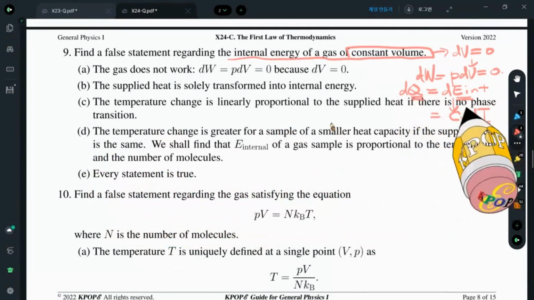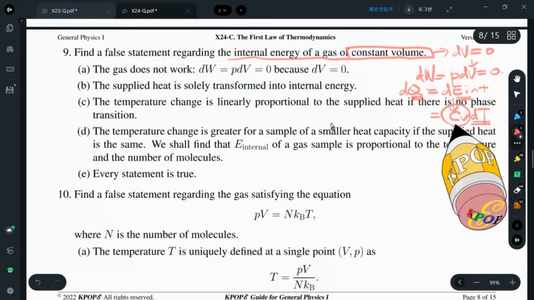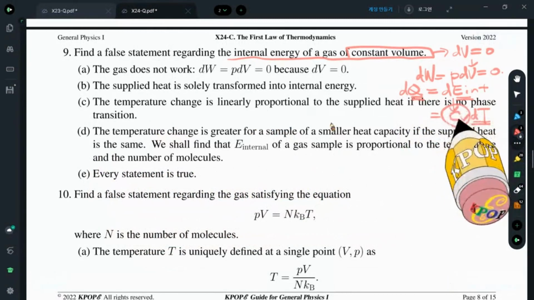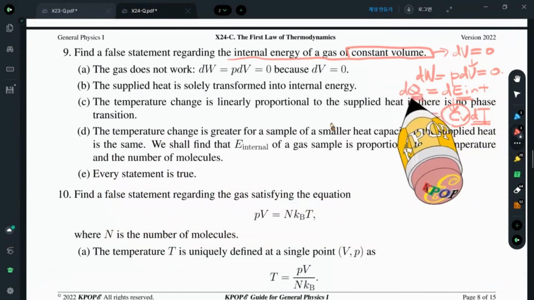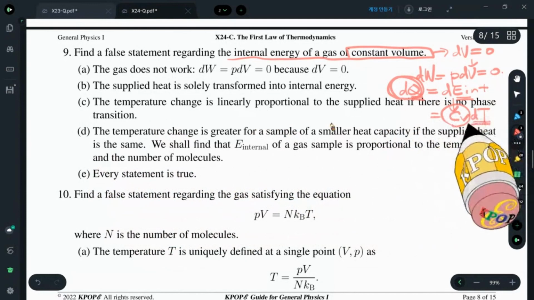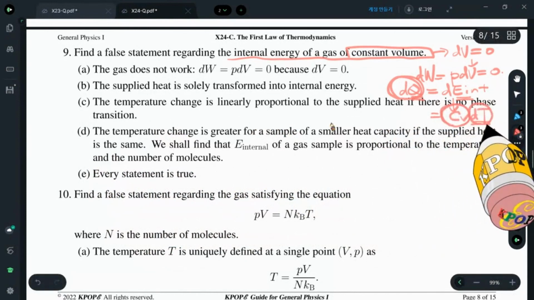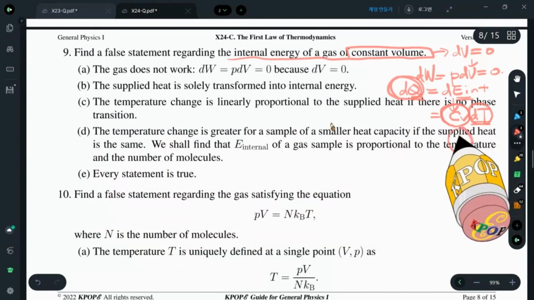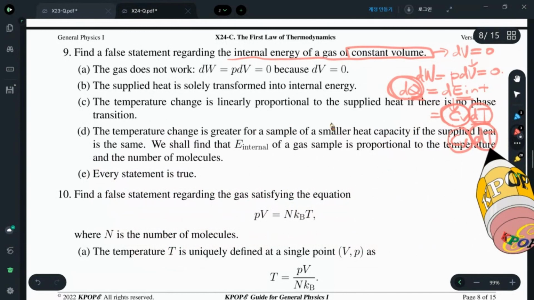Because CV is the coefficient, if this amount is the same and CV is bigger, then dT is smaller. If CV is smaller, dT must be greater, right?